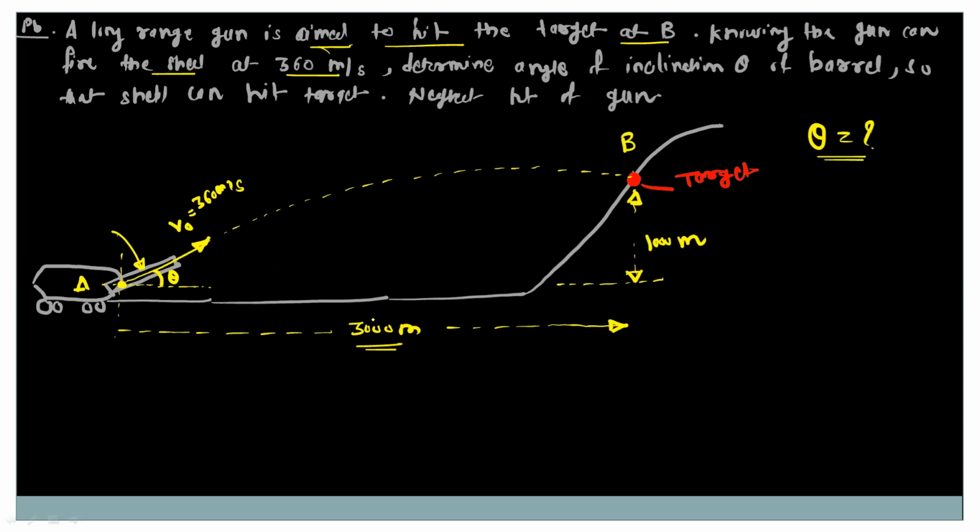So for that we will consider the projectile motion from A to B. Consider the starting point, this is the gun barrel. This is v naught, and this is the path of that projectile, and this is the target.